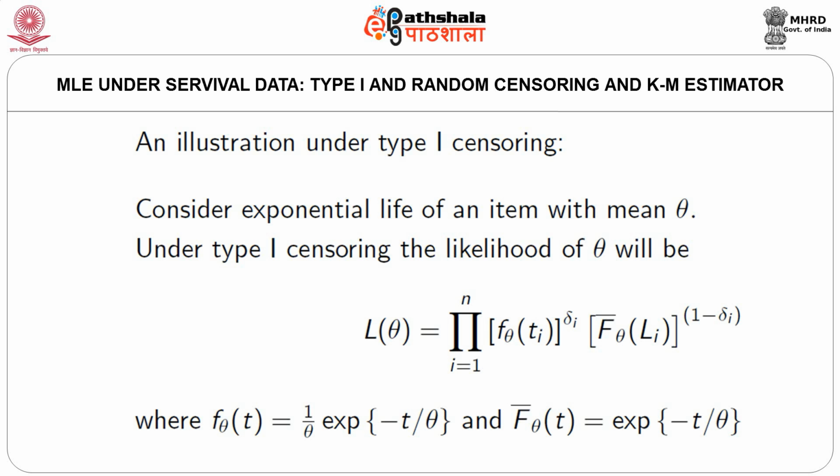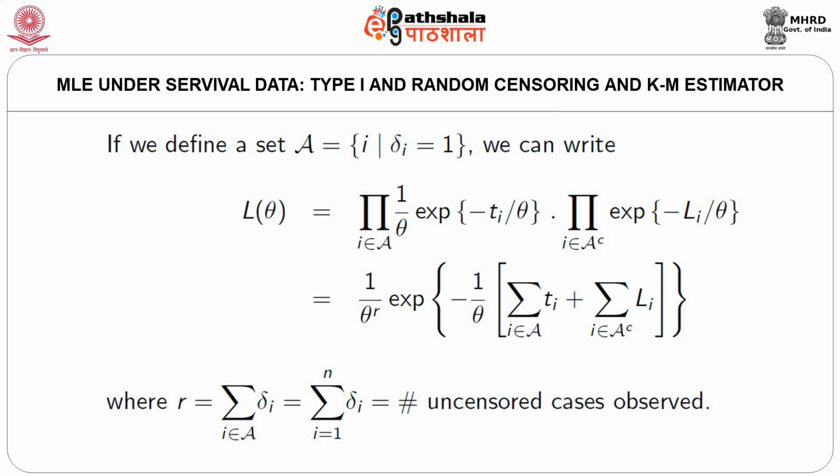Now, under type 1 censored data, as mentioned in the last module, the likelihood of theta will be capital L theta equal to product over i from 1 to n of small f theta at ti, whole to the power delta i, into capital F bar theta at capital Li, whole to the power 1 minus delta i, where small f theta t equals 1 by theta times e to the power minus t by theta, and capital F bar theta t equals e to the power minus t by theta.